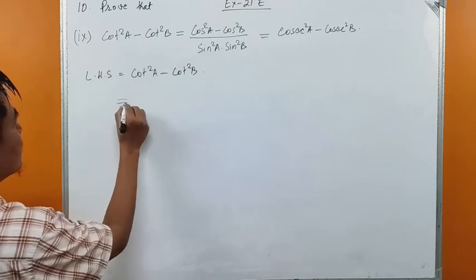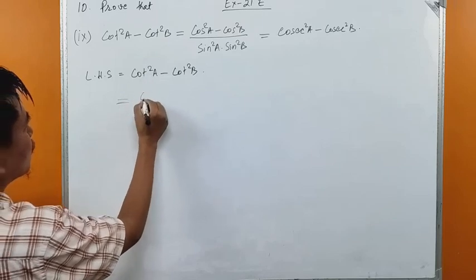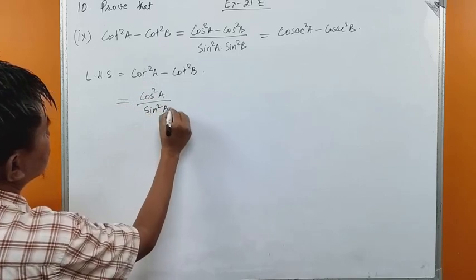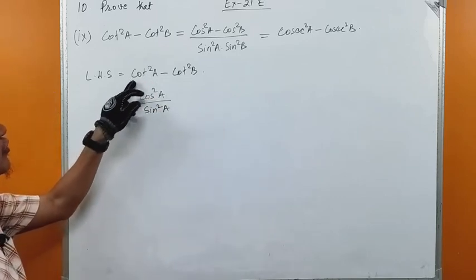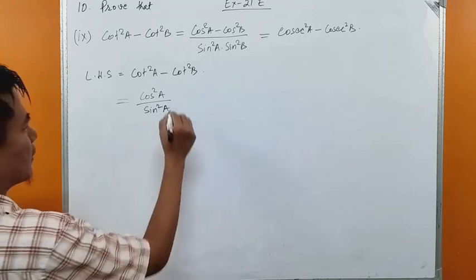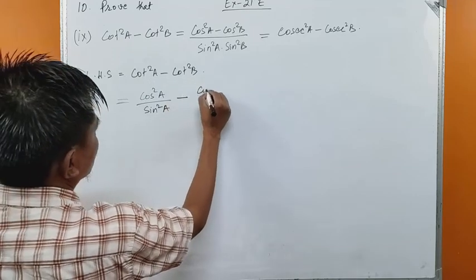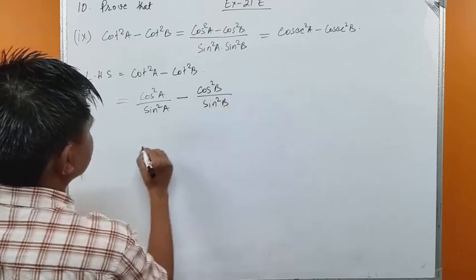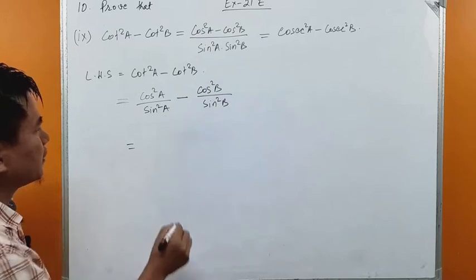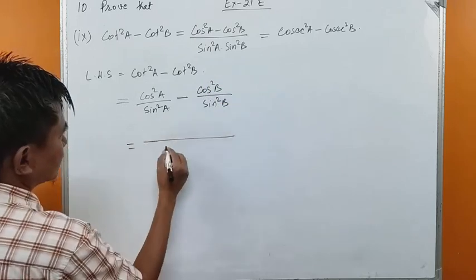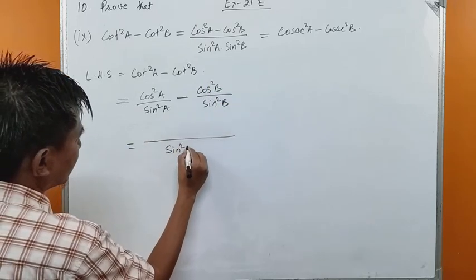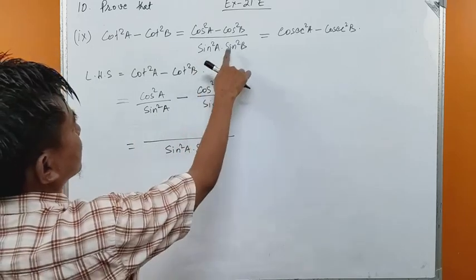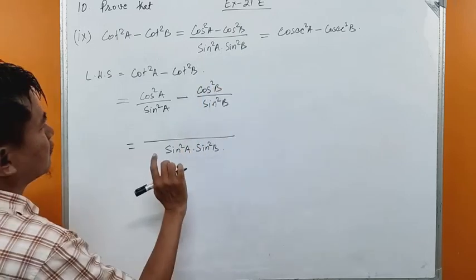Cot square A is cos square A upon sin square A, because cot theta means cos theta by sin theta. So cot square A is cos square A upon sin square A, minus cot square B means cos square B by sin square B, isn't it? So let's take the LCM of the denominators, sin square A into sin square B. We have sin square A, sin square B here, so we need not change now.